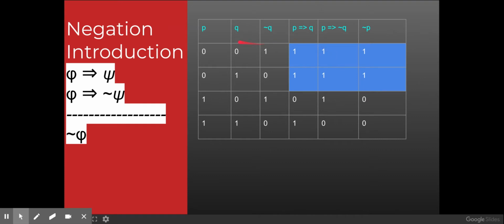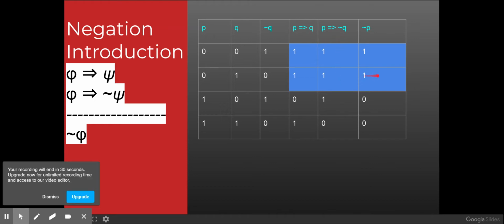Here we have a truth table where we're considering all the truth assignments for P and Q, and we then have the logical sentences of not Q, P implies Q, P implies not Q, and not P. And we see in the situation where P implies Q is true and P implies not Q is true, that is exactly the situation where not P is true.